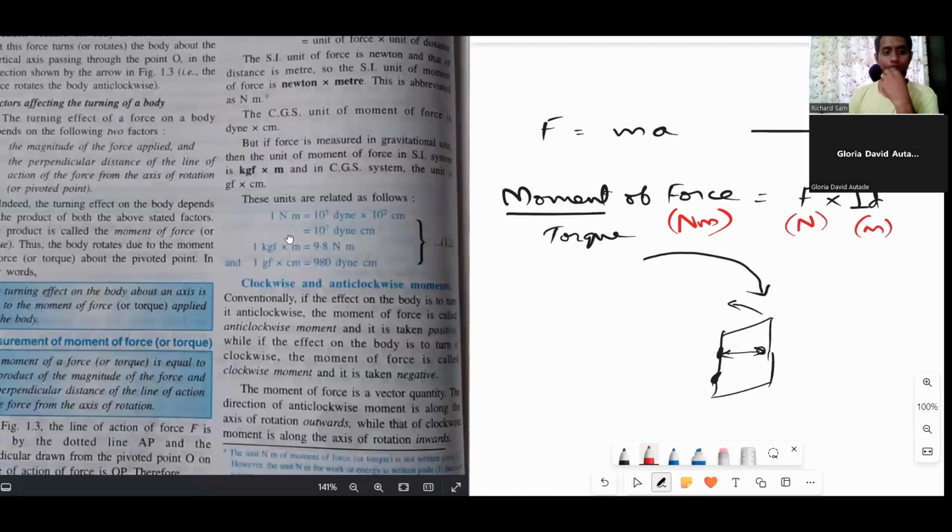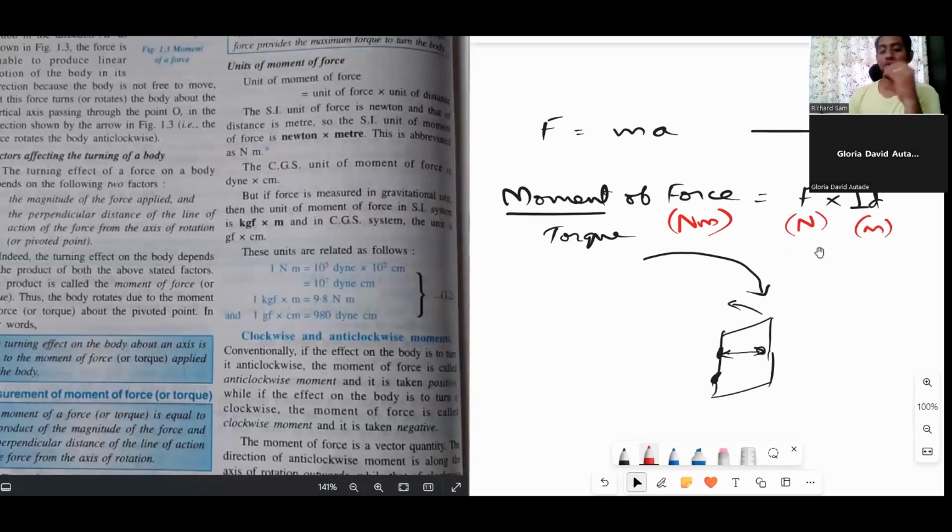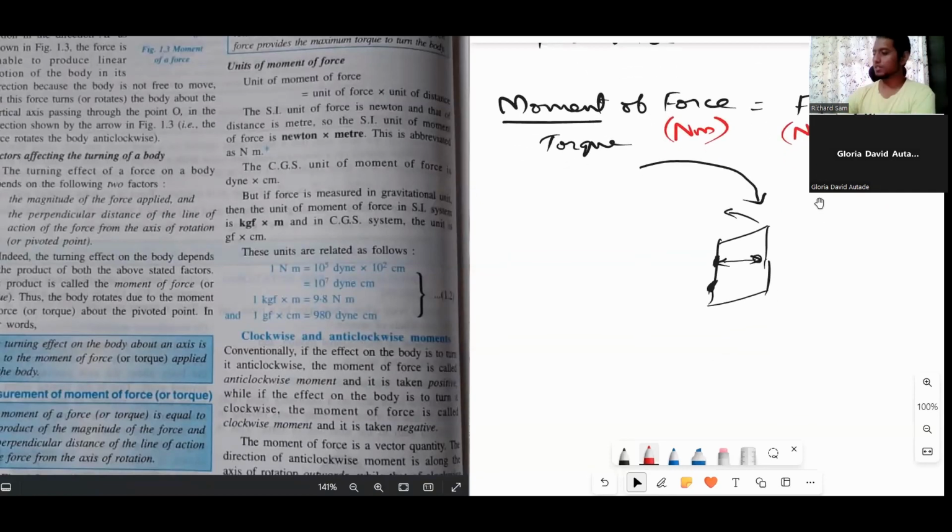Okay, keep writing now. So this unit that we have written is the SI unit. Newton and meter are the SI units, right? What is the smaller unit called? SI and CGS, right? So let's write the CGS unit. Let me make a table.